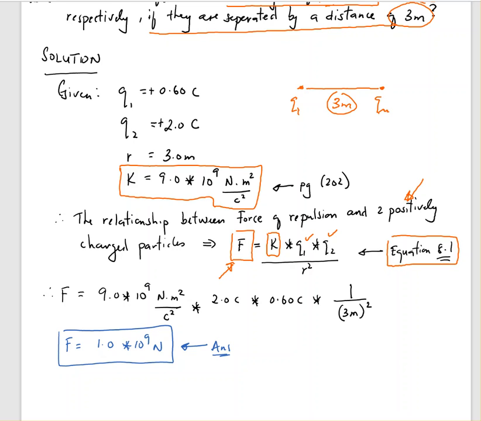By this being a plus and this also being a plus in terms of their sign, there's going to be some kind of repulsion, as I have here. So we use this formula, and then we plug and play, and we get the force between them as 1.0 times 10 to the 9 newtons.